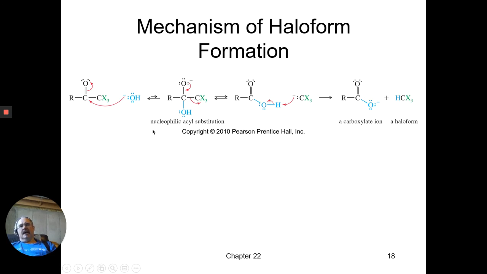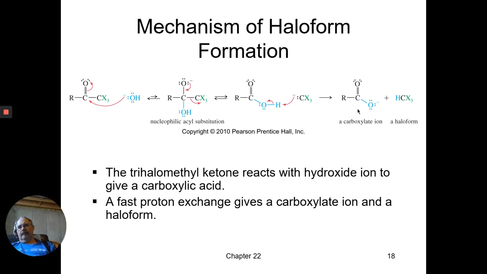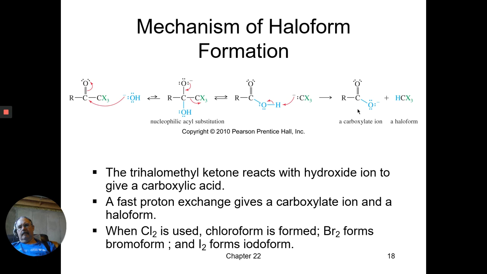So hydroxide attacks, and the trihalomethane anion is removed, which immediately grabs an acidic hydrogen from the carboxylic acid. So we get our haloform, we get our carboxylate ion. When chlorine is used, chloroform, CHCl3, is formed, bromine forms bromoform, and iodine forms iodoform.